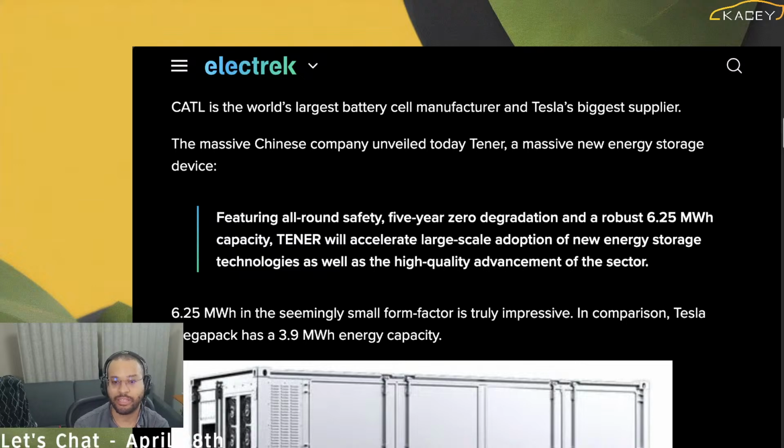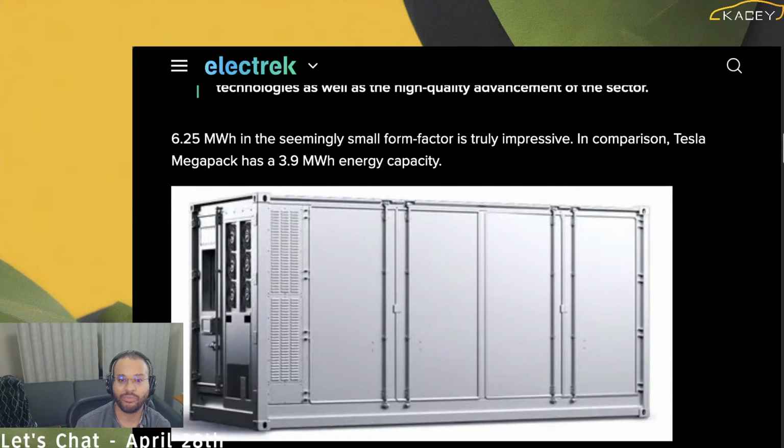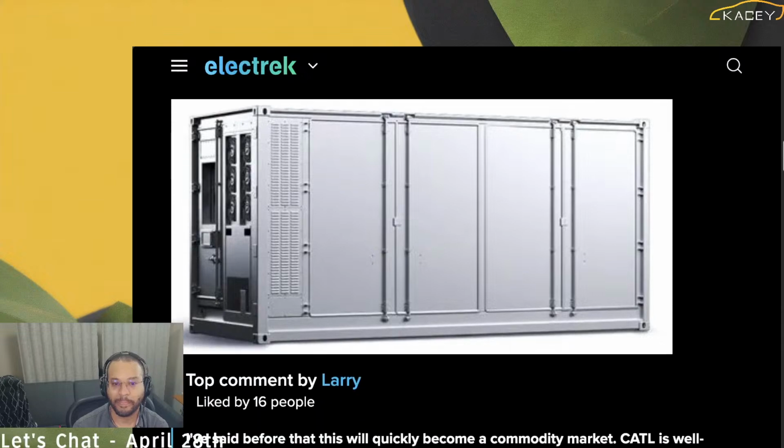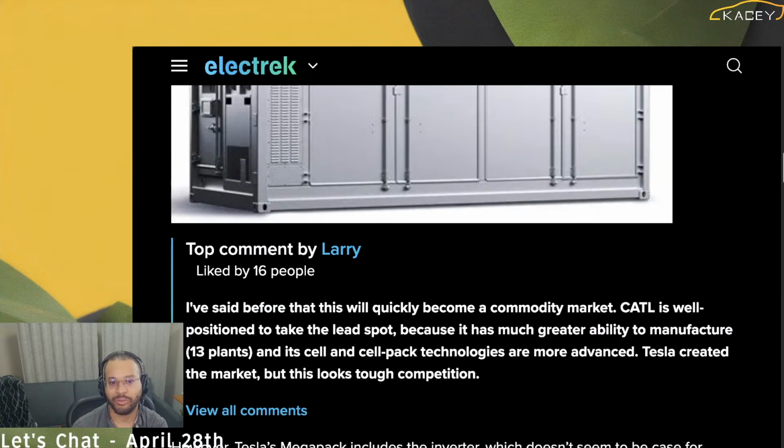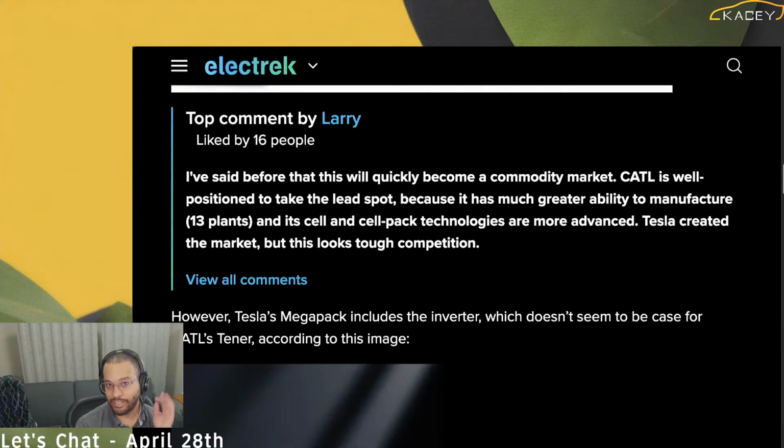It'll accelerate large-scale adoption of new energy storage technologies as well as the high-quality advancements of the sector. 6.25 in the seemingly small form factor is truly impressive. In comparison, Tesla Megapack has 3.9 megawatt hours of energy capacity. So I do kind of wonder what they're up to because, again, the inverter isn't taking up that much space that they could double the capacity. Or Tesla would have their inverters separated out as well.